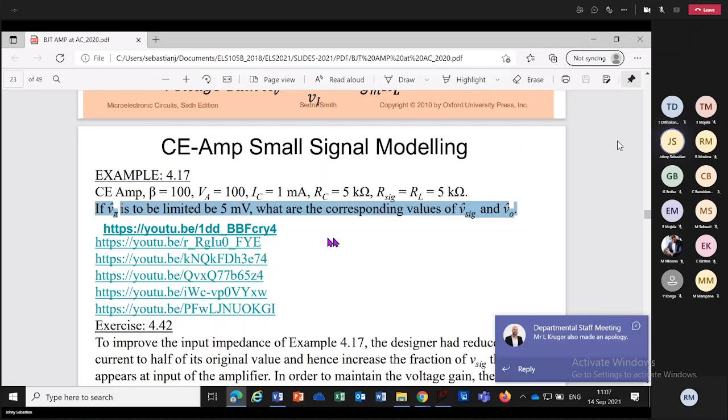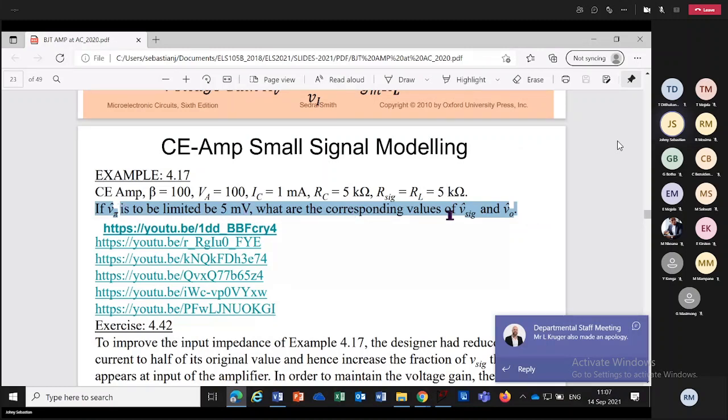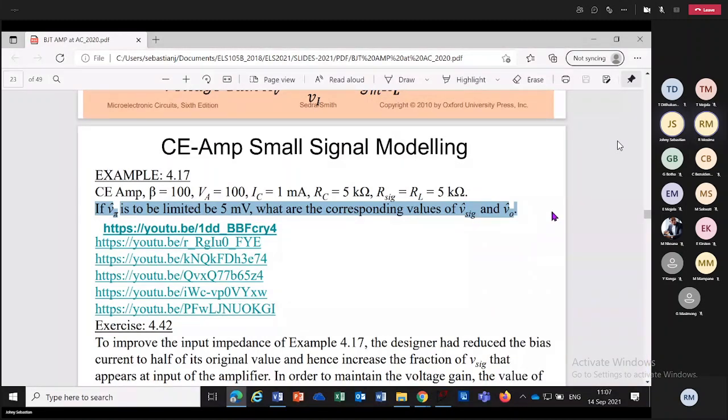Did we do V pi peak is limited to 5 millivolt? What is the corresponding value of V signal peak and V naught peak? Did we do it? Yes, we did.